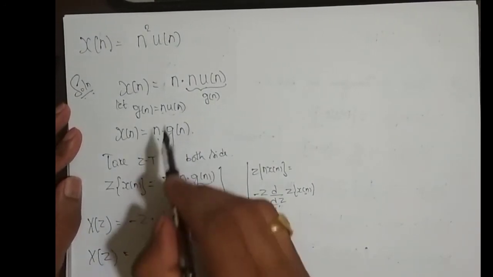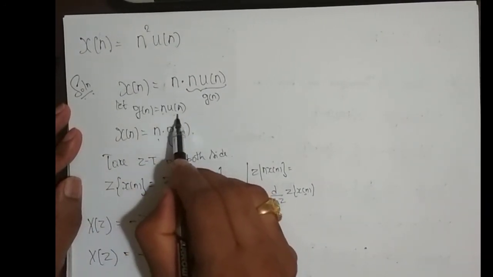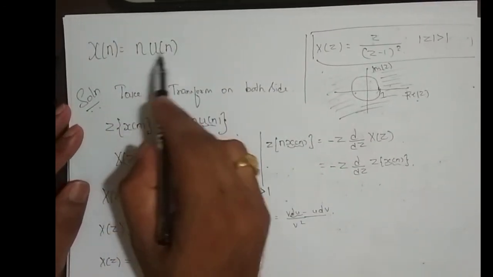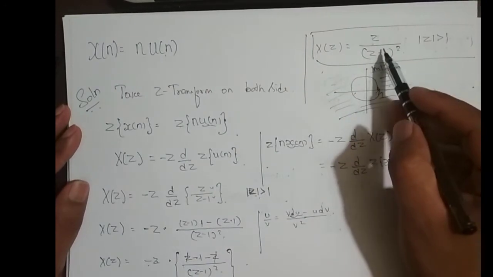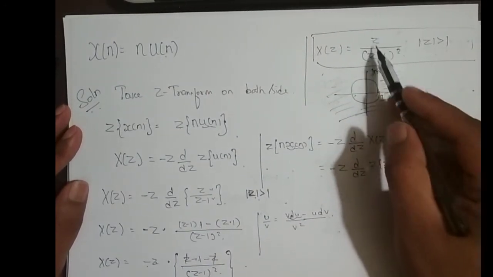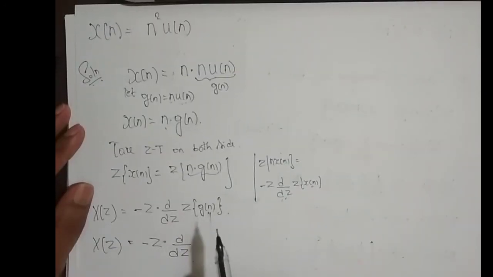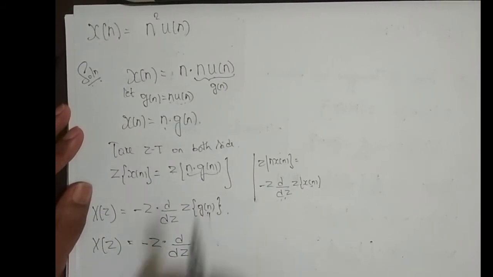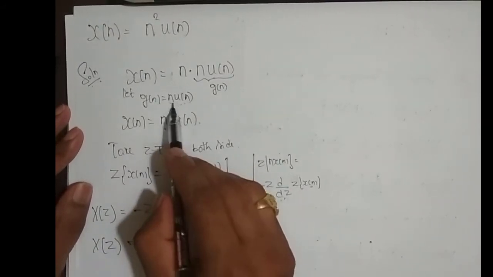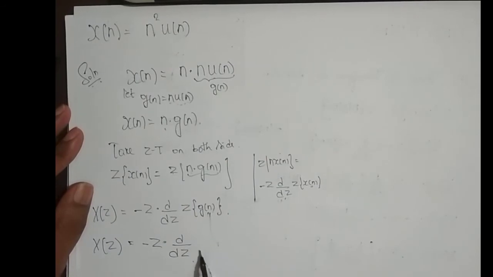But our previous problem was actually n into u(n). So I already found it. Since I already have the result, I am directly applying it here. But in your case, if you forgot, or if you are doing it the first time, then you have to find the z transform of n u(n) and then apply it here.